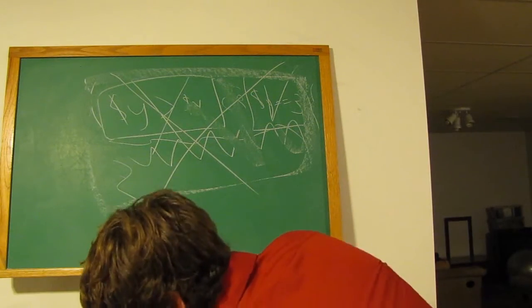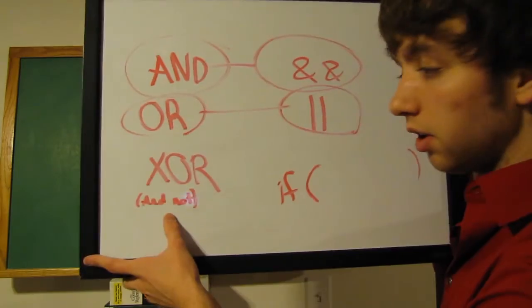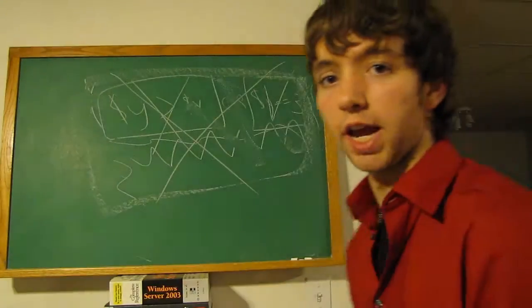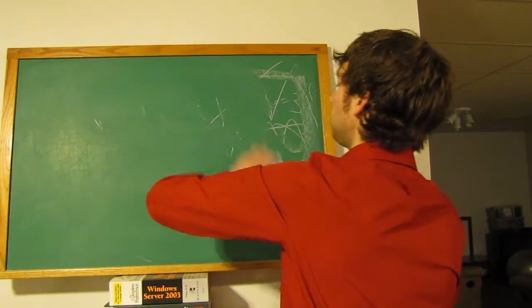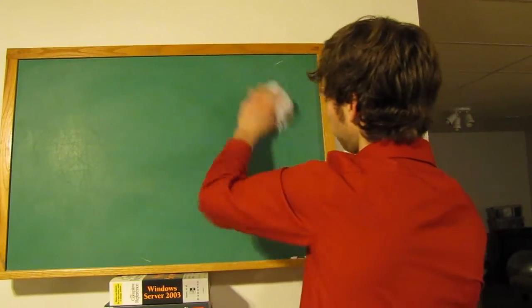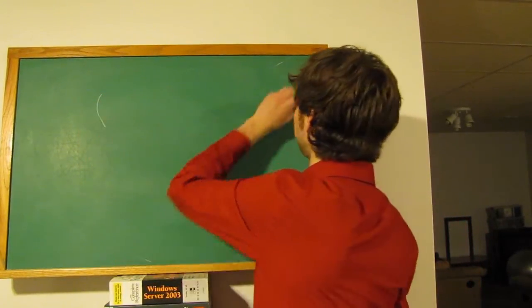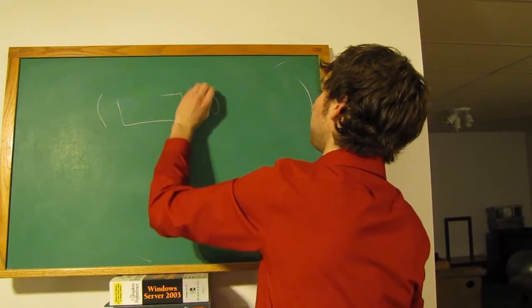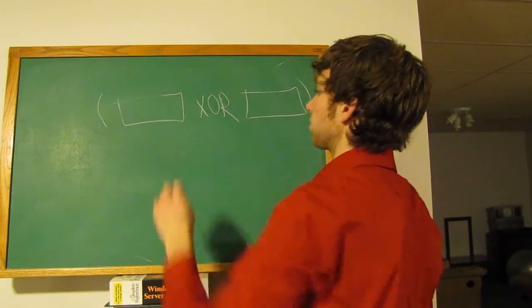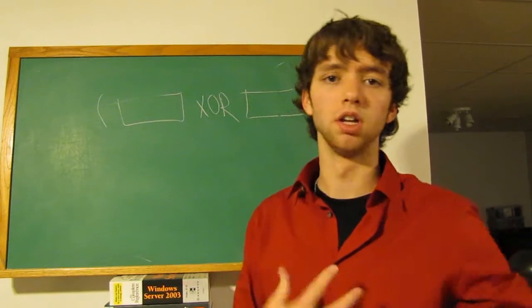We also had a third type, which, if you don't remember, is right here, XOR, which is called and not. I don't really know why it's called that, but the way this works is one of them has to be true, but not both of them. So let's say we have one here, XOR, and I have one here. Like 5 is equal to 5, or whatever you're testing, the username, the password, it can be anything.